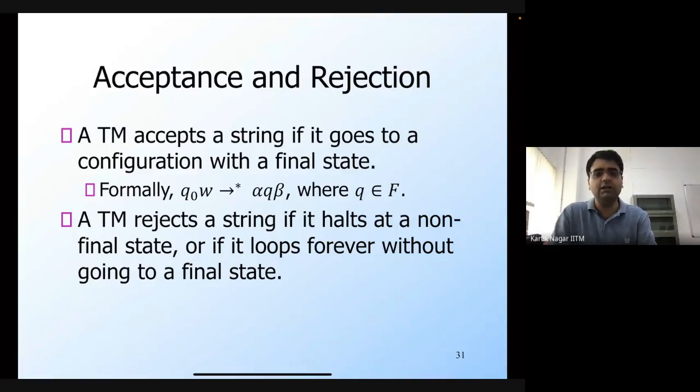So there is only a unique configuration that you can actually reach beginning from the initial configuration. If you halt at some configuration, and that configuration has a final state, then the string will be accepted. If the configuration has a non-final state, then it will be rejected. Or you may not halt at all, so you may loop forever, in which case you're also going to reject the string.